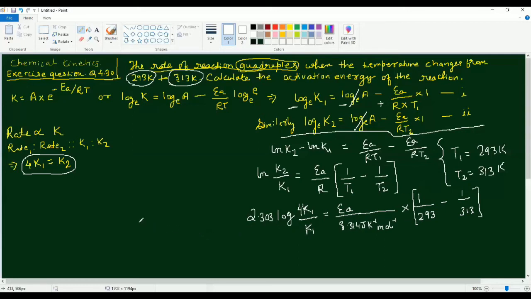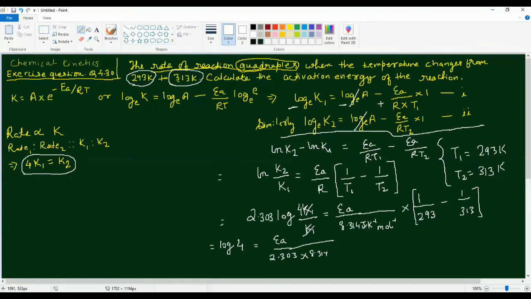So this becomes log 4. K1 and K1 get cancelled. Log 4 will become EA by 2.303 multiplied by 8.314.